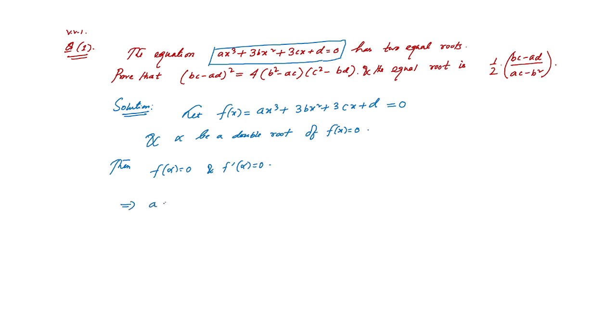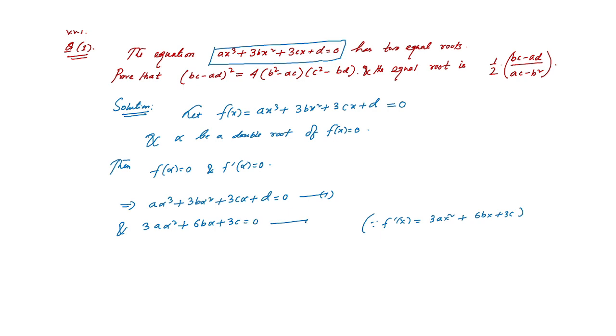That implies f(alpha), that means a alpha cube plus 3b alpha square plus 3c alpha plus d equals 0, equation 1. And f dash(x) is 3ax square plus 6bx plus 3c, so 3a alpha square plus 6b alpha plus 3c equals 0.